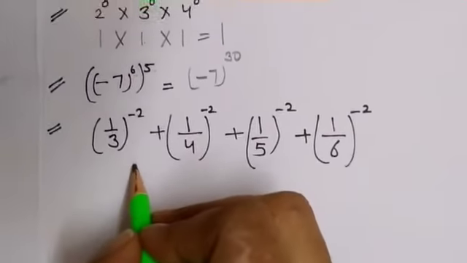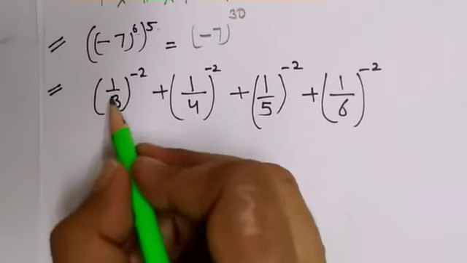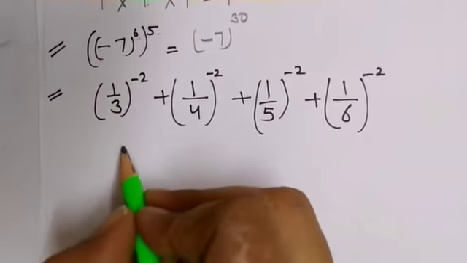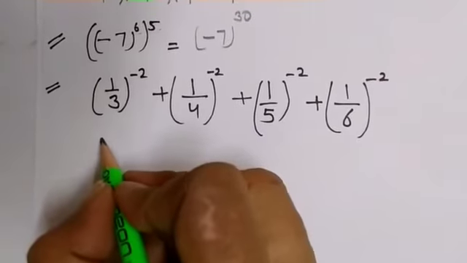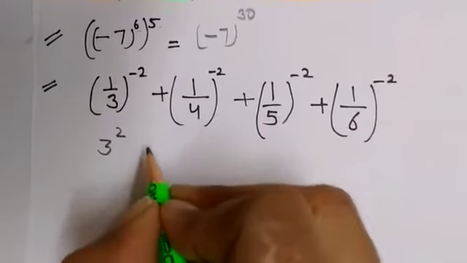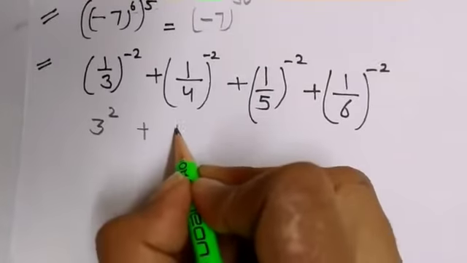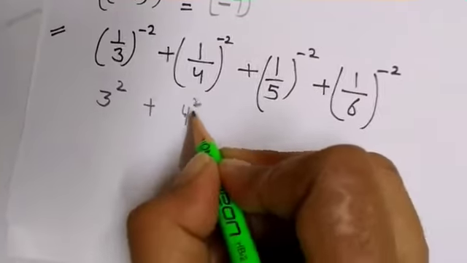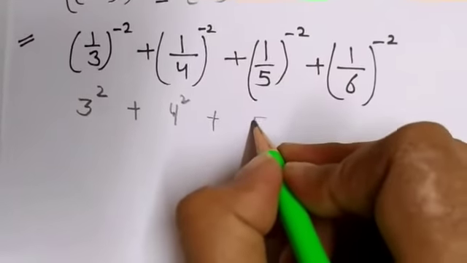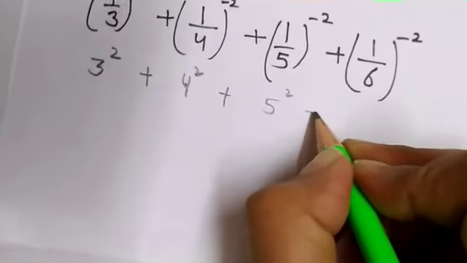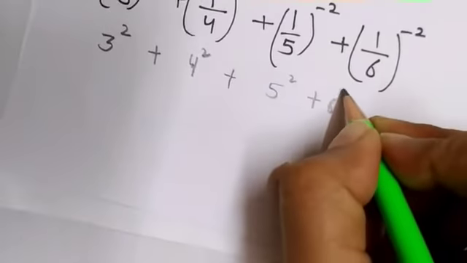Next example of negative exponent. If we have a negative exponent, we take the reciprocal of the base. The reciprocal of the base is 1 by 3. So after taking the reciprocal, we write 3 raised to the power 2, 4 raised to the power 2 plus 5 raised to the power 2 and 6 raised to the power 2.